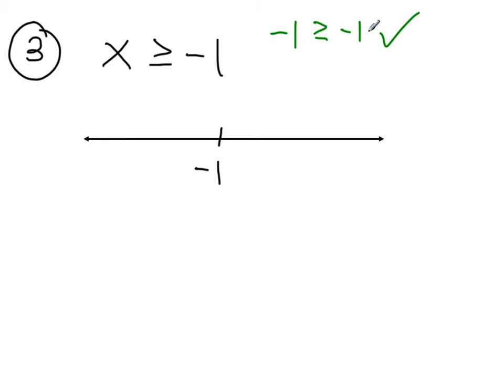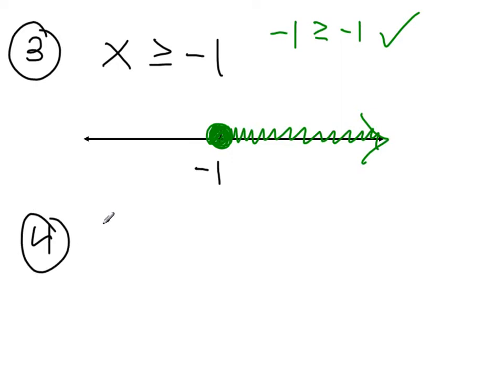Negative 1's not greater than negative 1, but it's an or statement, so one or the other has to work. So since it does work, I want to shade in that possible solution. So I'm going to fill it in with a closed circle. And now x is everything bigger, so when we go bigger, we go to the right. And there's our graph.